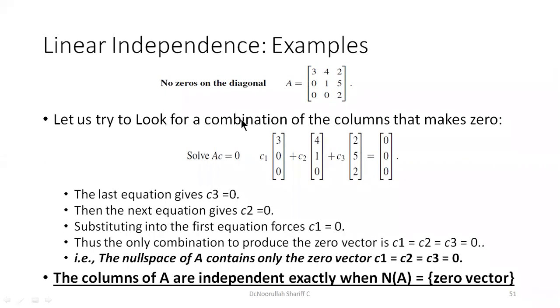Now let us try to look for a combination of columns that makes 0. That means we'll try to write Ax equal to 0 or Ac equal to 0, one and the same. In place of x, we are writing c, where c will be c1, c2, c3. So A multiplied by a column vector c1, c2, c3 is equal to a column vector 0, 0, 0.